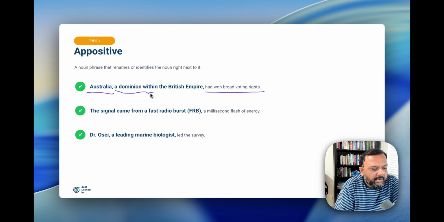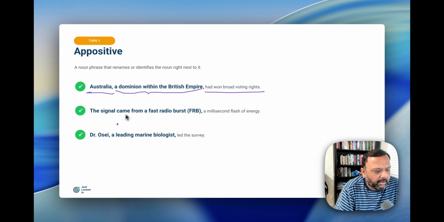This describes Australia, and this description is not strictly necessary in this sentence. The sentence can survive quite well without this particular phrase or expression. So therefore, this is non-essential, or supplementary.